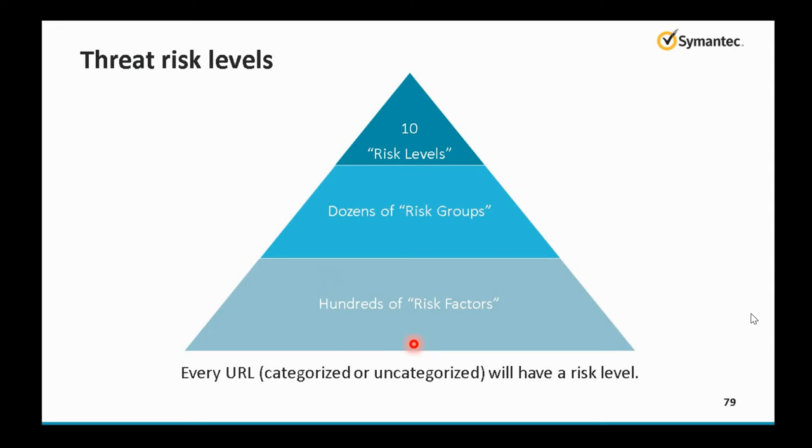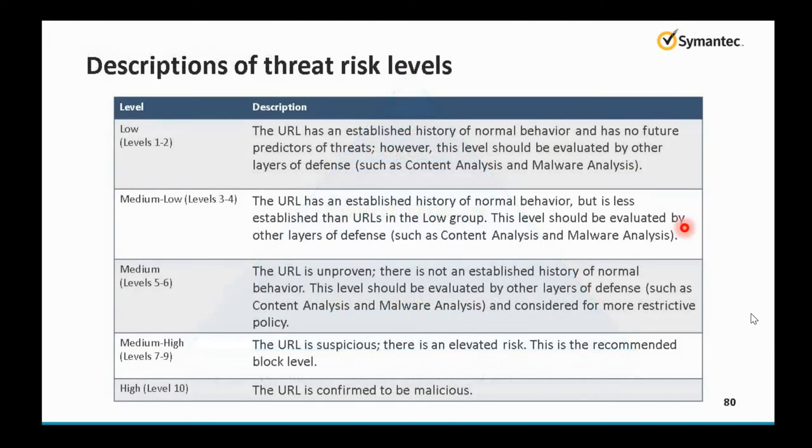Okay, so that is what the database is all about: identifying websites based on the risk level. And then you can start to create policy based on the risk level. All right, so these are the different levels. We have low risk, medium risk, and high risk. In a nutshell, that is how we classify them based on the risk level of the website.